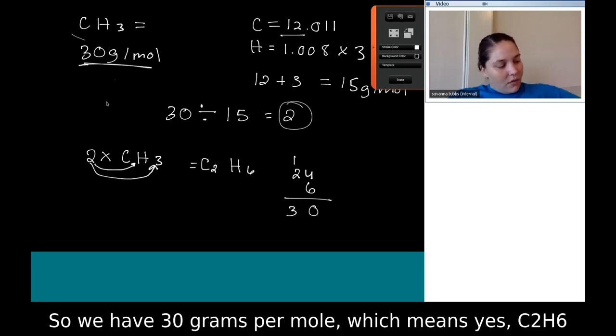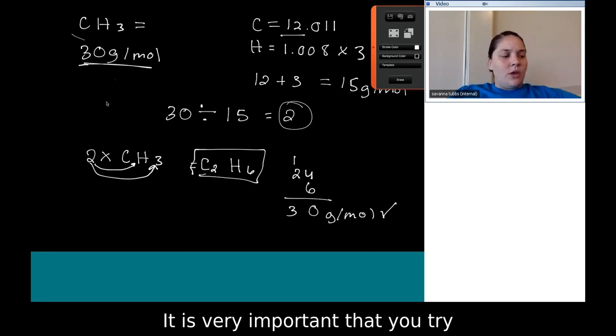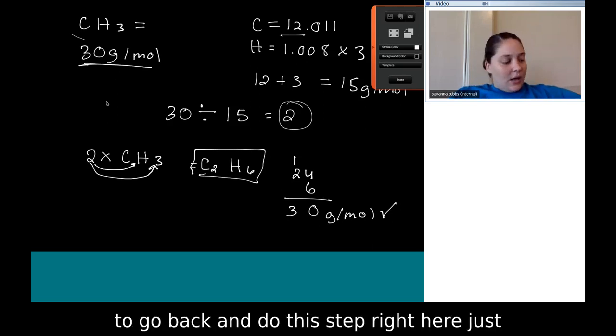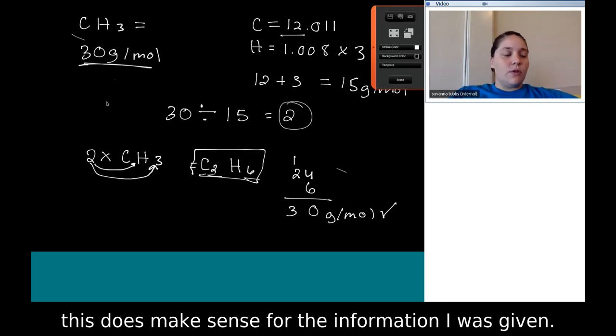So we have 30 grams per mole, which means yes, C2H6 is our molecular formula. It is very important that you try to go back and do this step right here just to verify, okay, with these numbers plugged in, this does make sense for the information I was given.